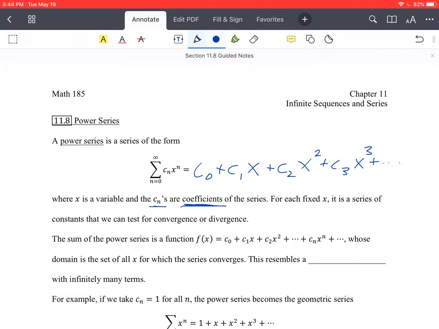For each fixed x, it is a series of constants that we can test for convergence or divergence.